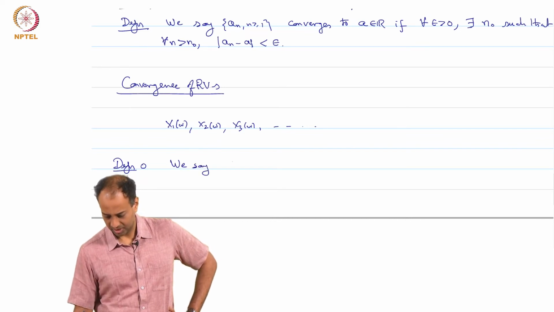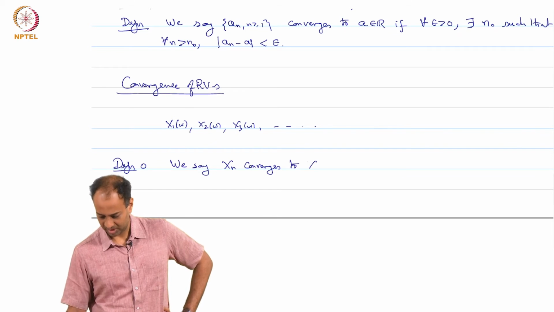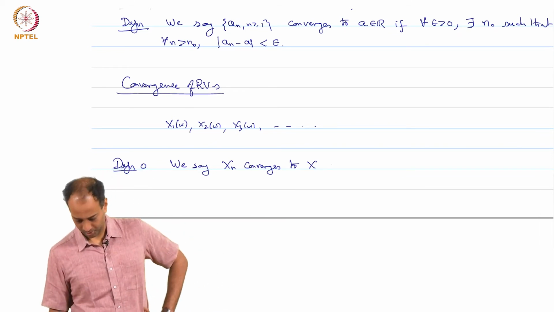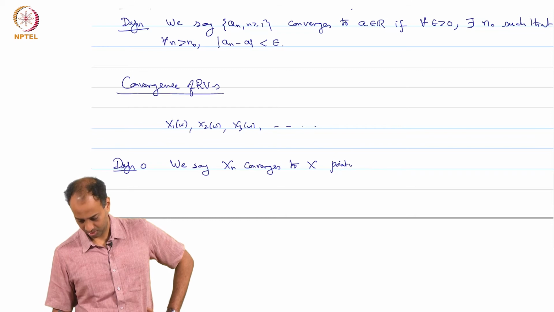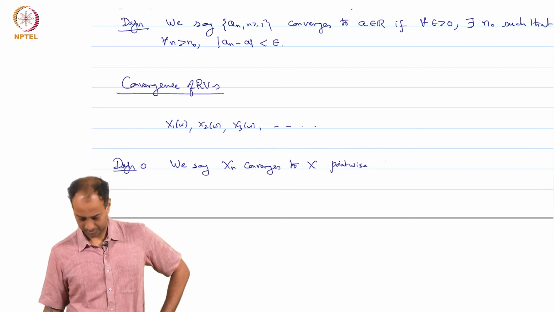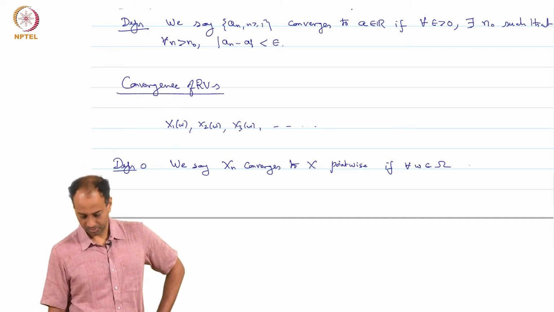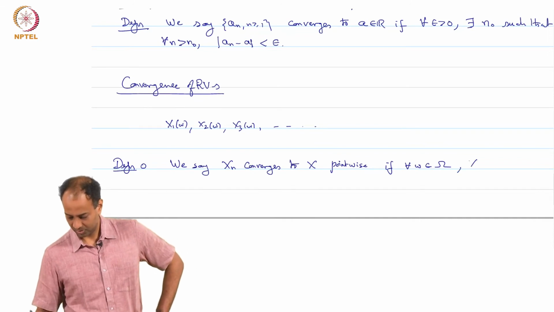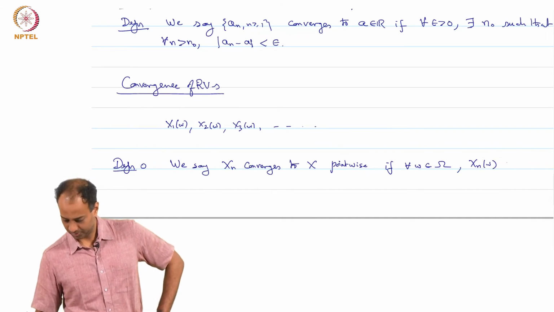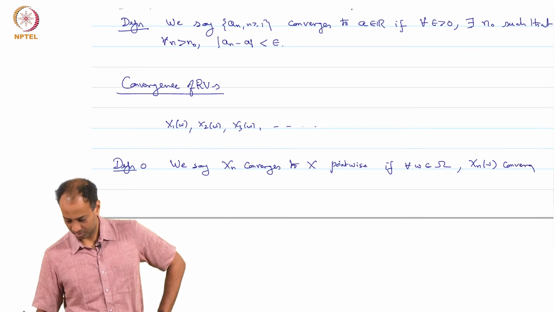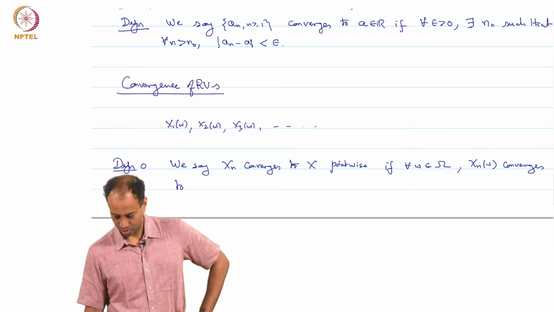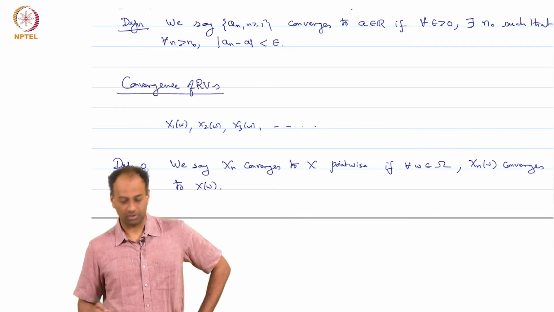We say x n converges to x pointwise if for all omega in big omega, x n of omega converges to x of omega.